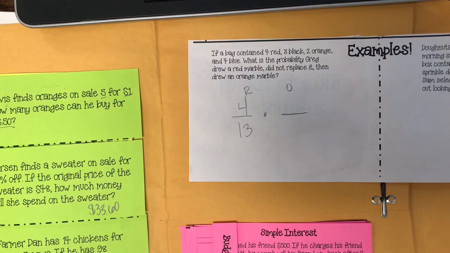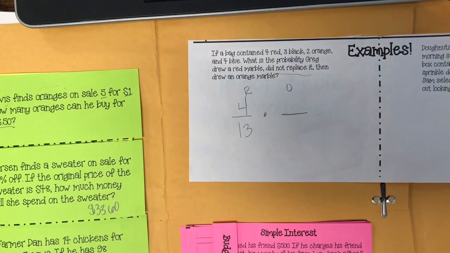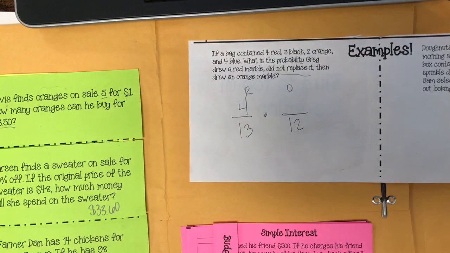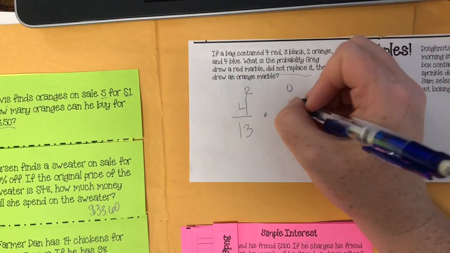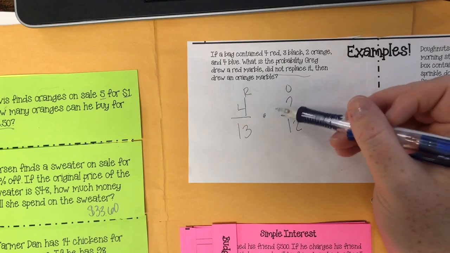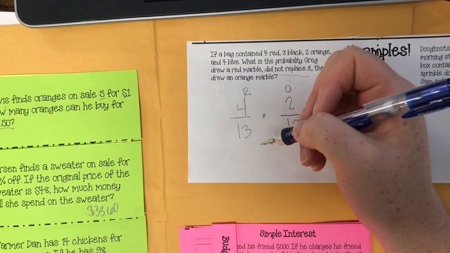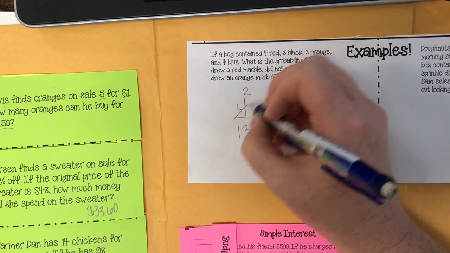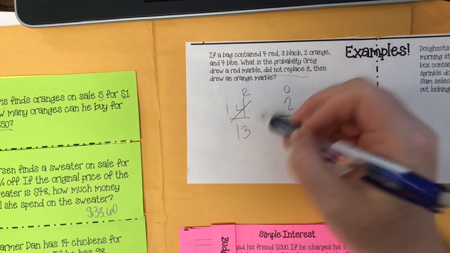Do y'all agree with that? Yes. Okay. Now, he did not replace it as the key words right there. If he did not replace it, that means we have 12 left in the next one. Okay. And then how many are orange? 2. Okay. So we're going to multiply these 2 fractions. I'm going to cross reduce because it's easier. 4 and 12 are both divisible by 4. Okay. So 1 and 3. 1 times 2.